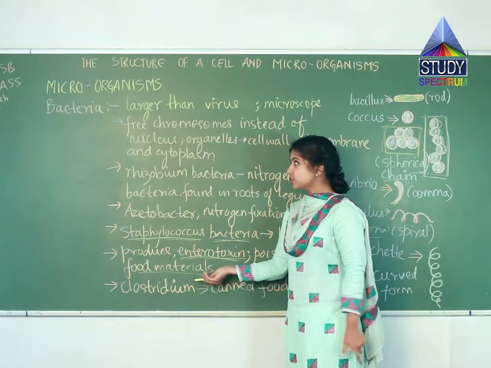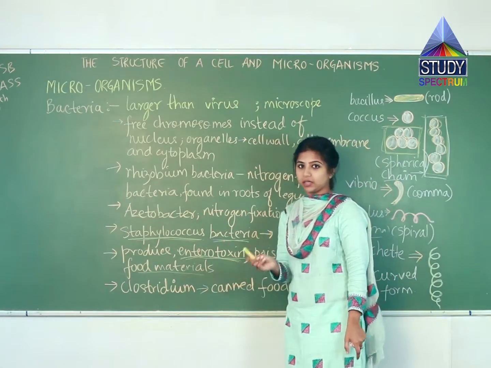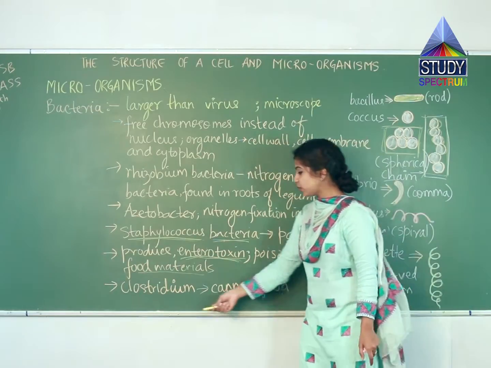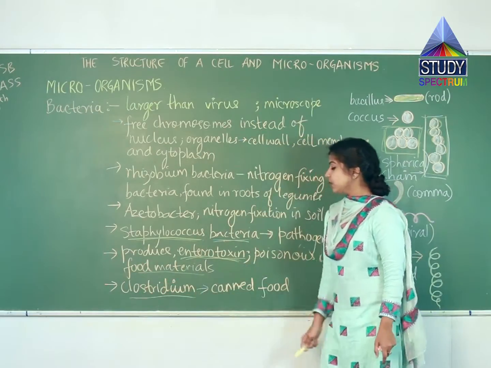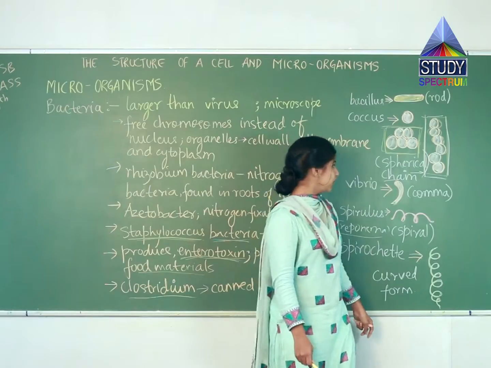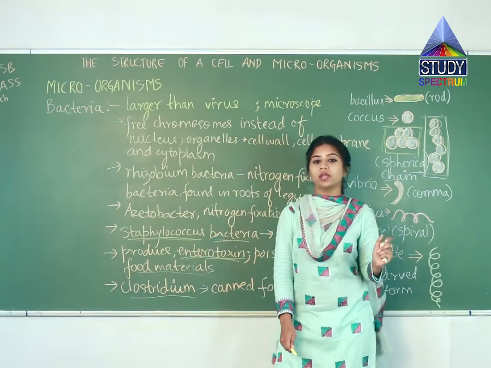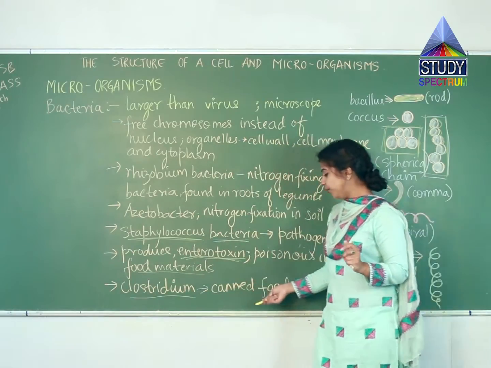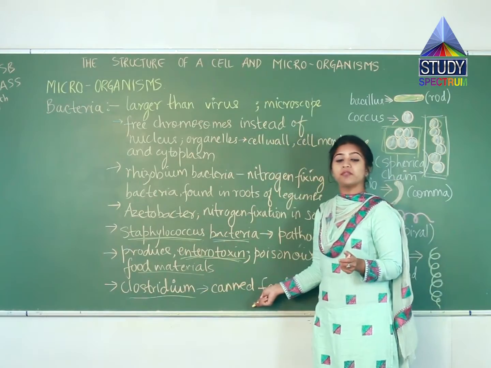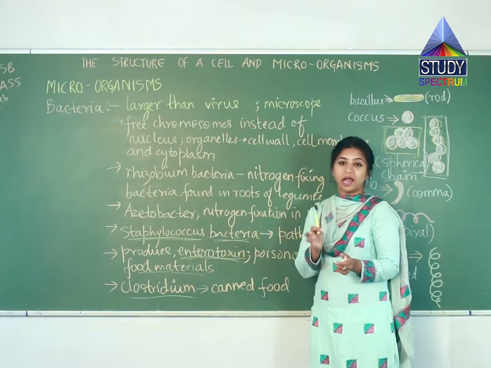Well, in the list of the pathogenic bacteria, the other bacteria that's present is the Clostridium. Now, Clostridium is of the Vibrio shape. It is very harmful because it infects foods that are canned.